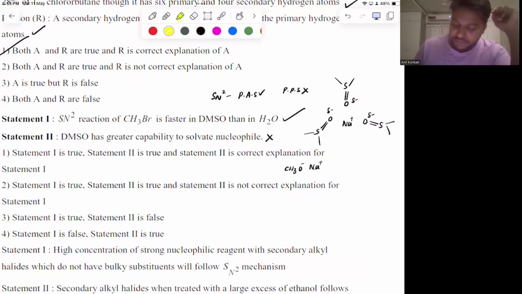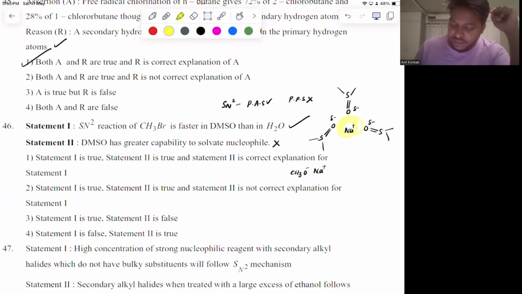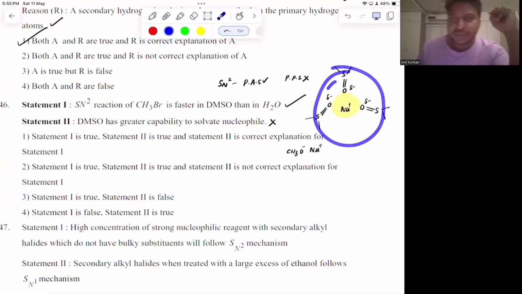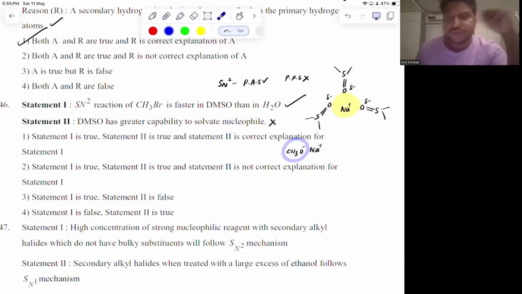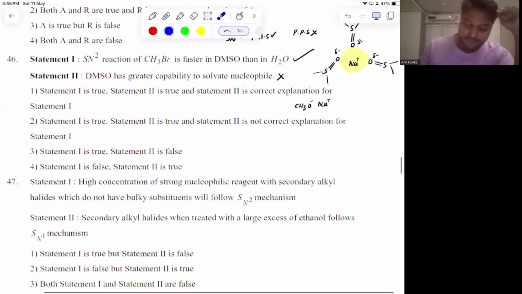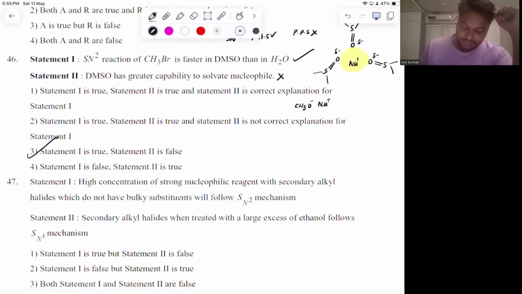You can see Na plus will strongly get attracted by these oxygen atoms here. So basically Na plus is being completely held by these DMSO molecules, while CH3O minus moves very freely. So therefore it is not solvating the nucleophile, it is solvating the counter ion of the nucleophile. So the first statement is true, the second one is false.